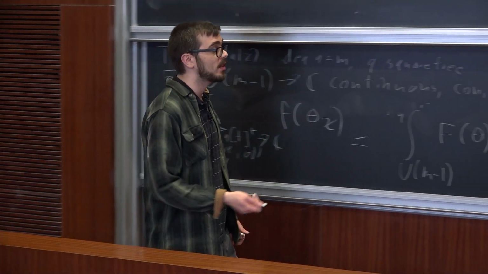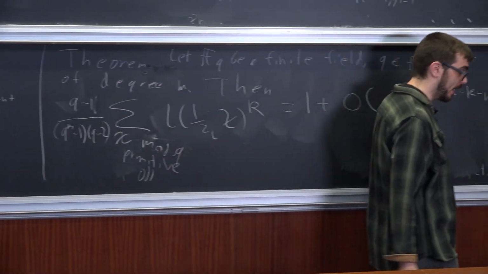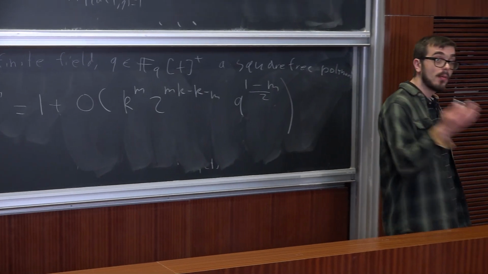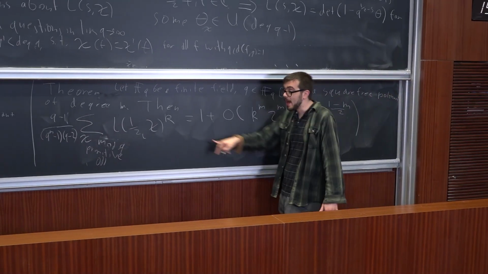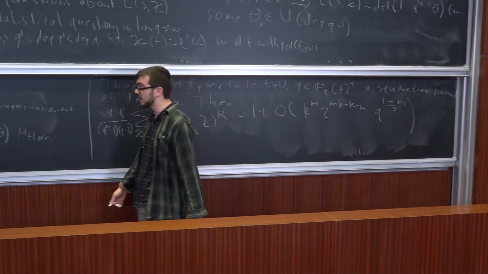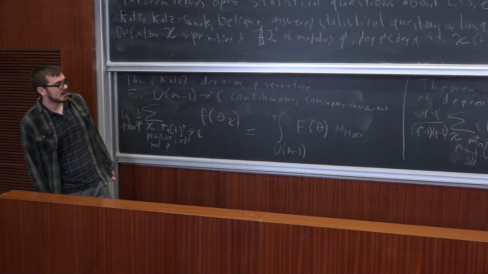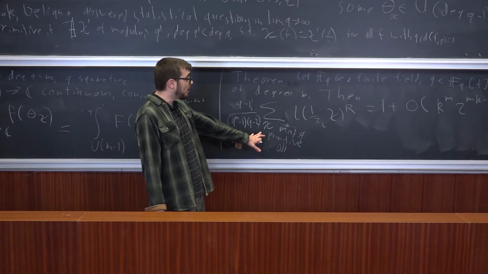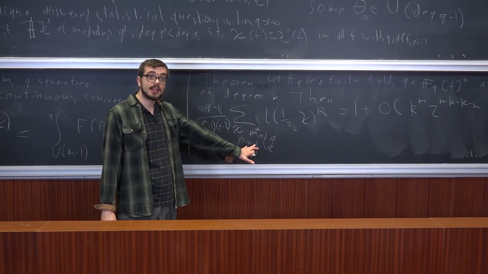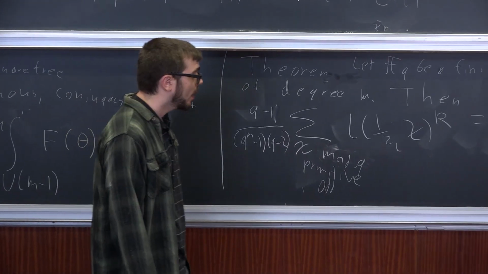Most commonly, people will consider moments of powers of the absolute value of L(1/2, chi), so multiplied by its complex conjugate to equal powers. Here, I'm taking powers without the absolute value, so the complex conjugate doesn't appear, which is a little bit less often considered, but is a kind of moment problem. I'm summing it over all the primitive odd characters, and I've divided by the number of primitive odd characters.